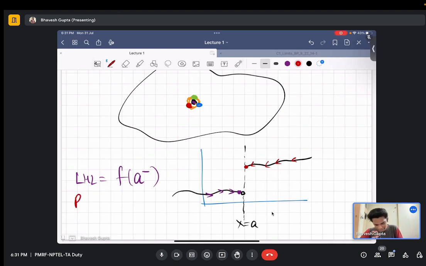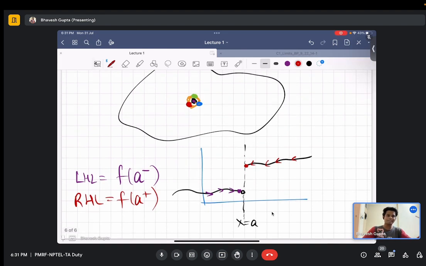We write this right hand limit as f of a plus. I hope you understand the idea of a plus and a minus. What do you mean by a plus and a minus? A plus tells you just the right hand side of a, and a minus tells you just the left of a.